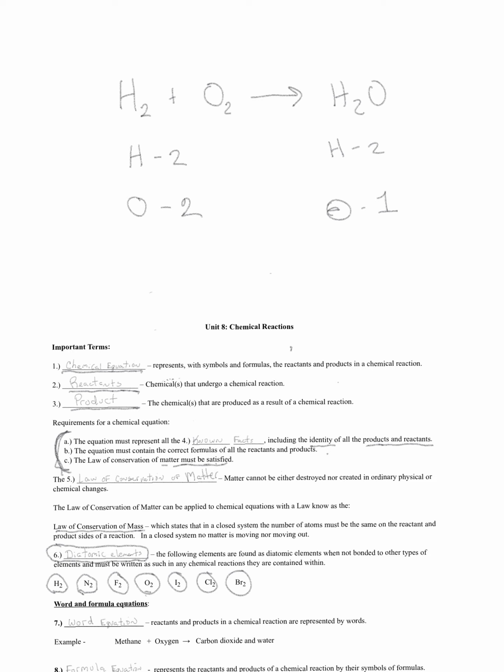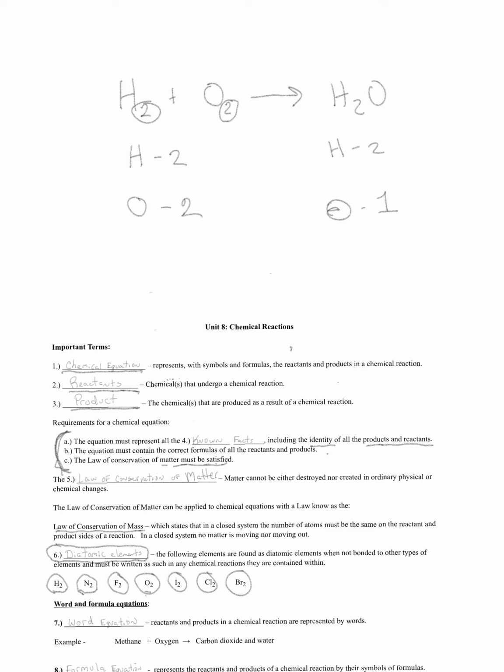So if I look here, I have 2 hydrogens, 2 oxygens. Now I cannot change the subscript. I can't change the 2 in O2, and I can't change the 2 in H2. You never can change the subscripts when we write down elements.